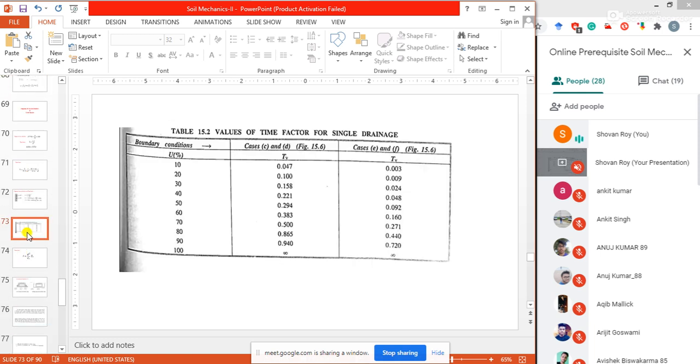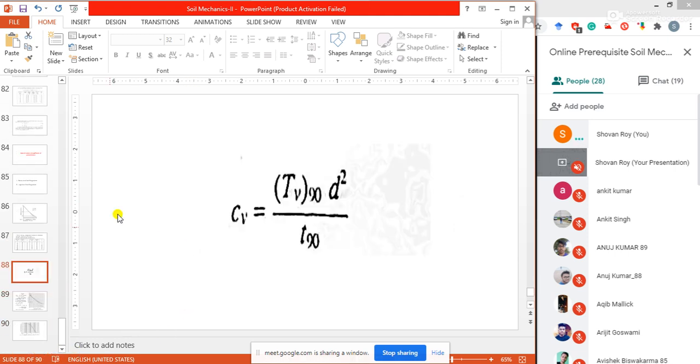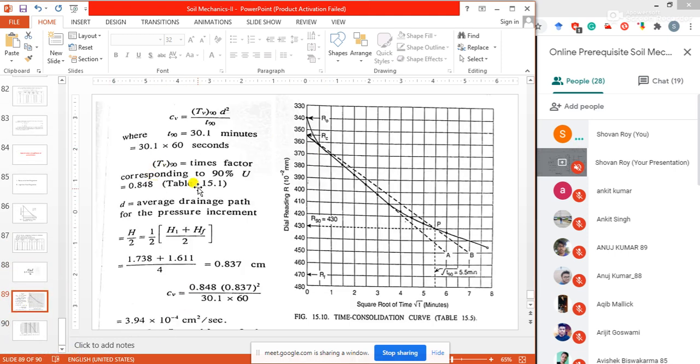This is 15.2, the same as this table. We had 15.1, and from 15.1 we can find the Tv90 value. Tv90 value is 0.848, and in your numerical problem you will automatically get this Tv90 time factor value in your numerical questions.